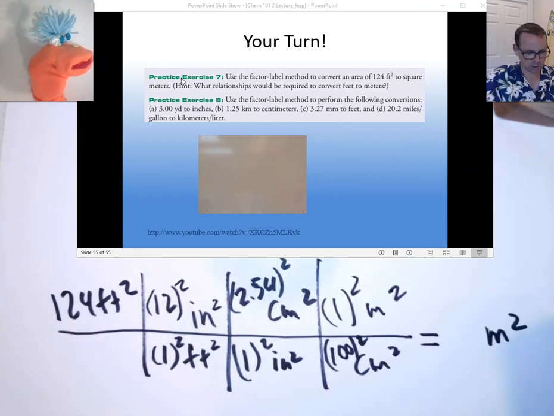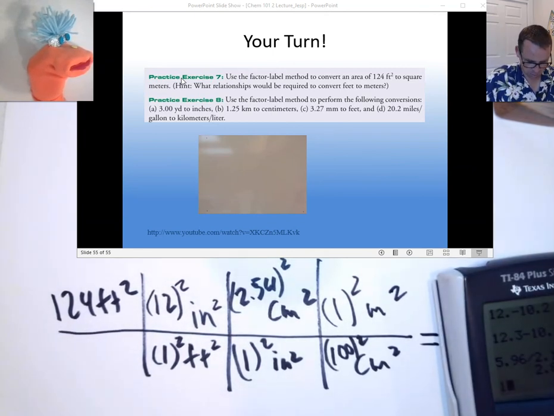All right, there we go. So our answer, 124, no, I don't need to divide it by that 1. I can just multiply it by 12 twice. That's 12 squared. Multiply it by 2.54 twice. It's 2.54 squared. And then divide by 100 twice.